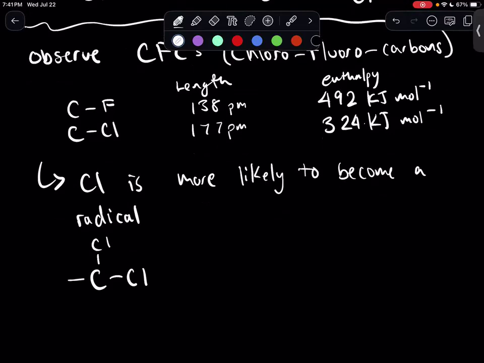So here we have a simple chlorofluorocarbon, and in the presence of ultraviolet radiation in our atmosphere as this gets released, we see that the bond between the chlorine and the carbon will break, causing us to create two radicals.